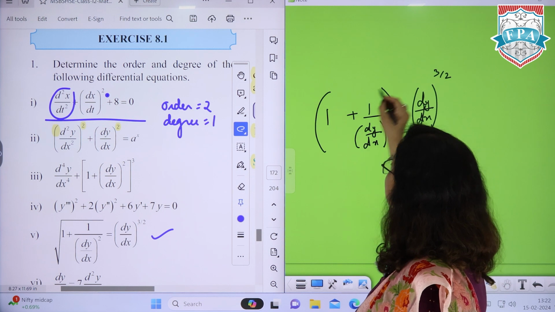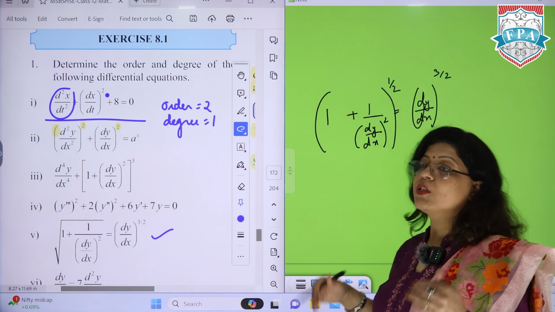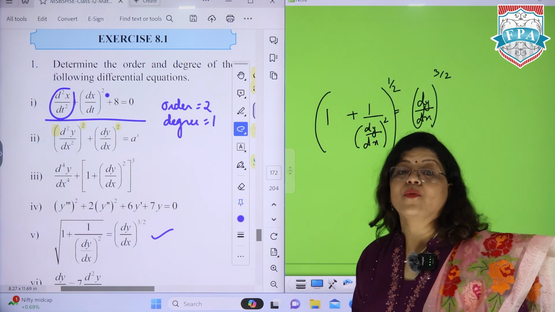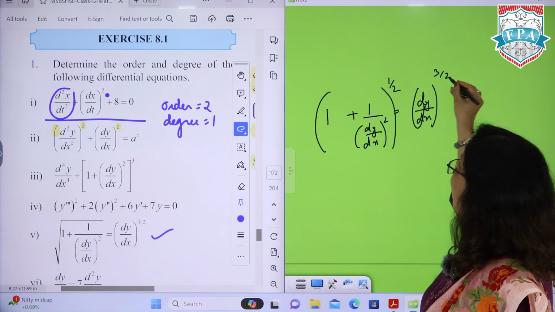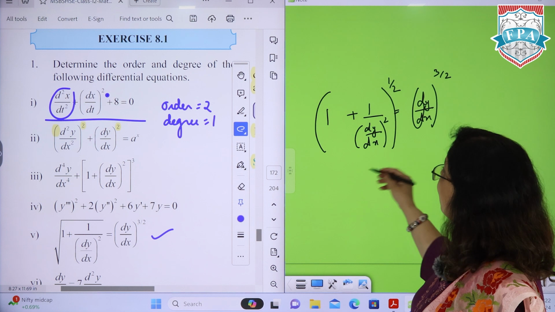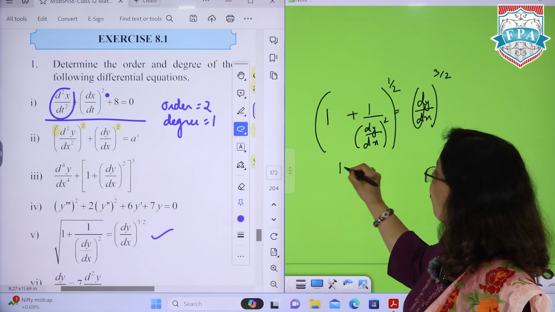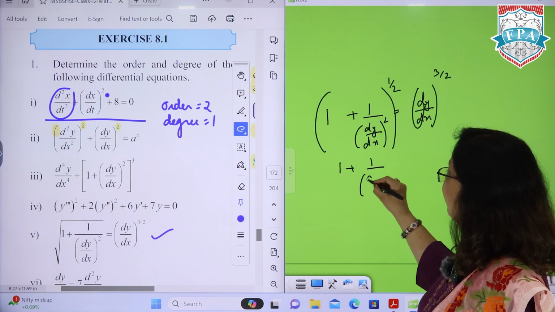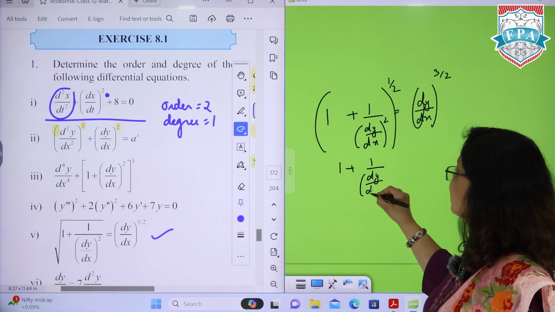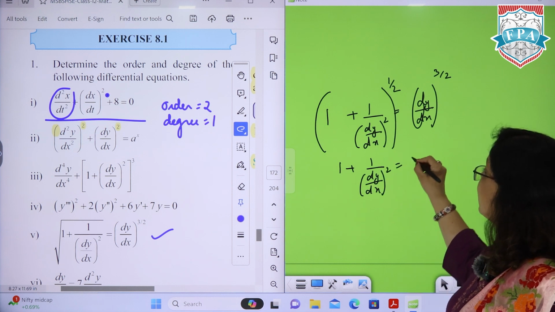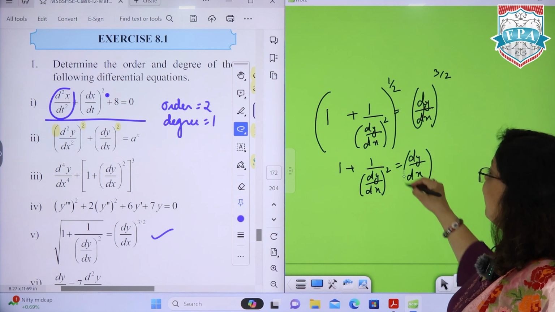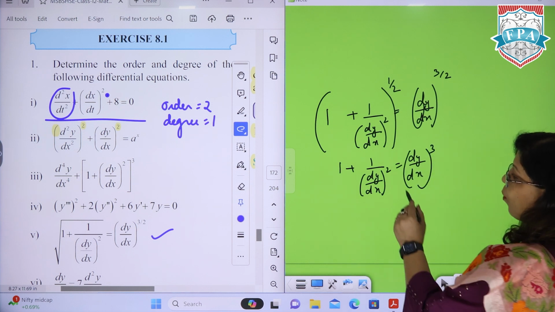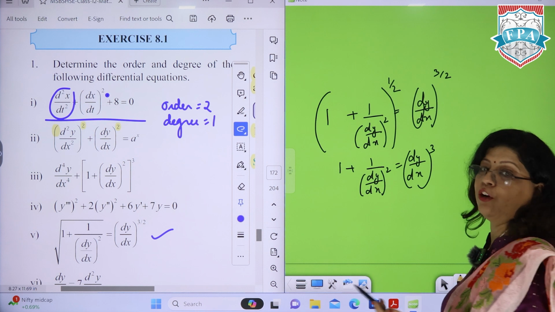We'll take this as the power 1 by 2 and square both the sides. When we square both the sides, the power will get nullified, and then we'll come across 1 plus 1 by dy by dx whole square is equal to dy by dx to the power of 3. Now still it is not done, because 1 by dy by dx is having the negative power.